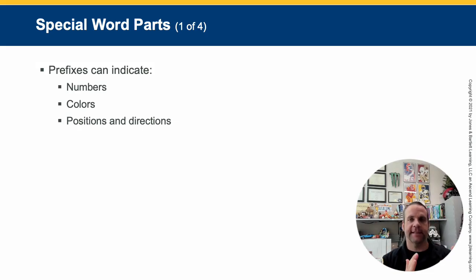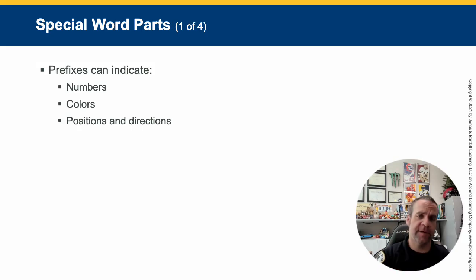They enhance the specificity of our language and allow us to give clear, concise descriptions of patients' conditions and their assessments. So let's start by understanding their purpose. These word parts are primarily prefixes or roots, and when added to a term, they provide important qualifiers. For example, when we use a prefix that describes a number, we can indicate whether a condition involves one part of the body or multiple parts of the body.